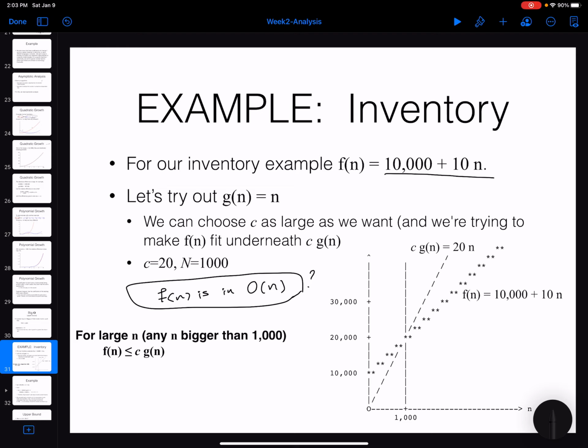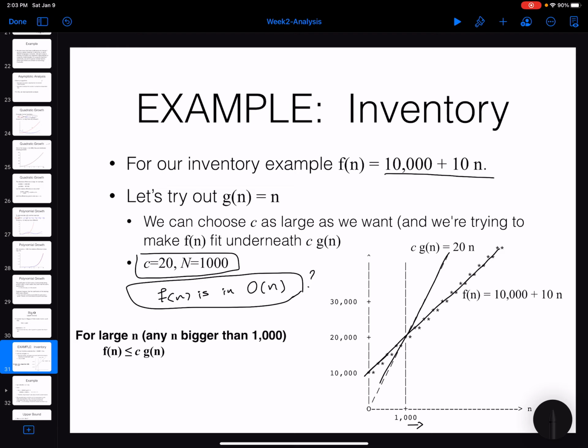Why can I say that? Because I can find two constant values, c equal to 20 and N equal to 1000, so that from the value 1000 to infinity, always, this one is the diagram for f of n, and this one is the diagram for 20 multiplied by n.